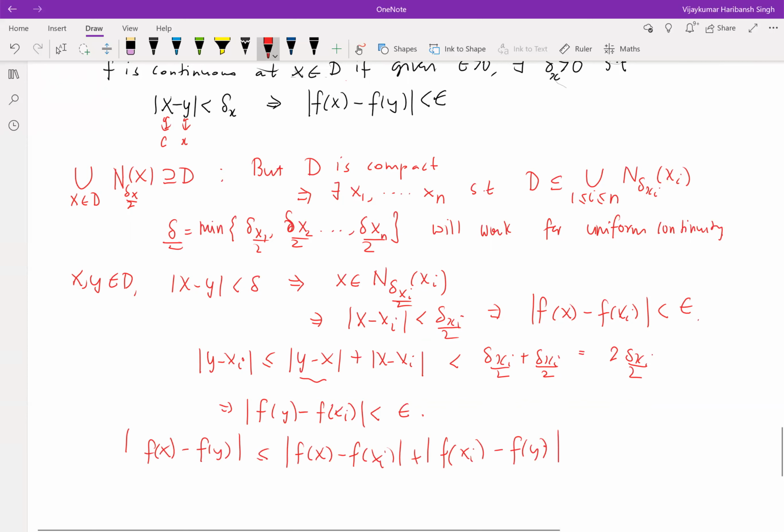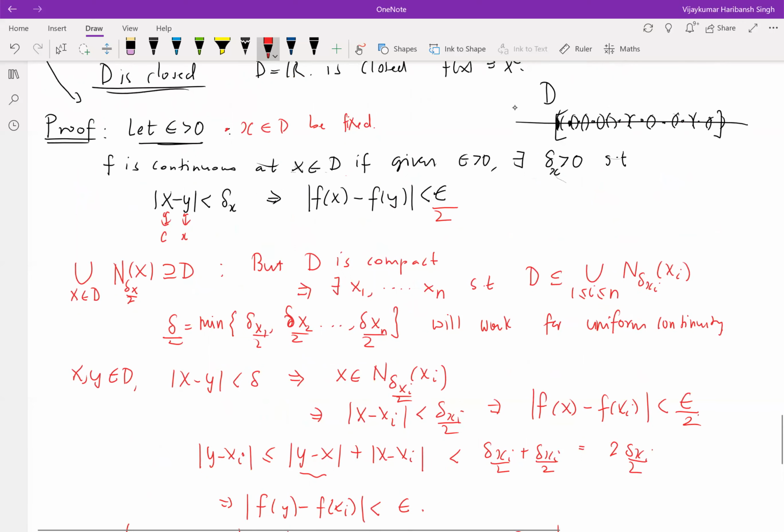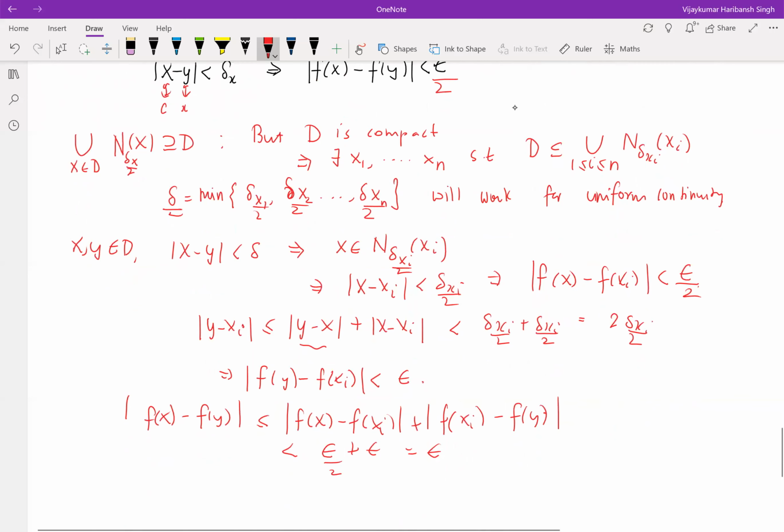Because of the triangle inequality, this is strictly less than epsilon by 2 plus epsilon by 2, which is equal to epsilon. So we had to also modify this to be epsilon by 2, epsilon by 2. So this will basically work.